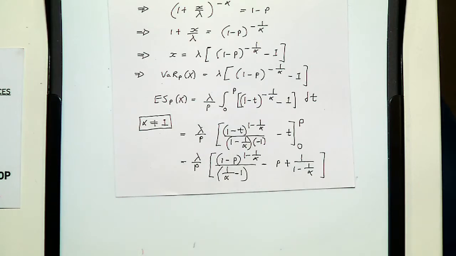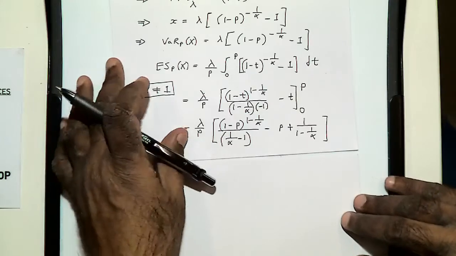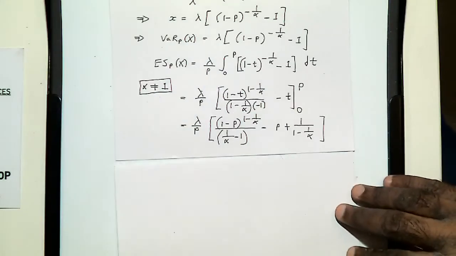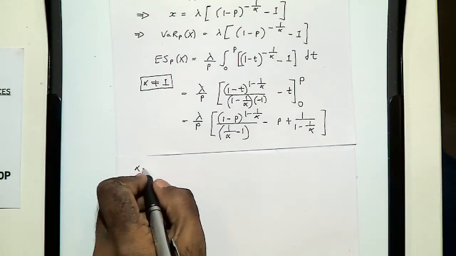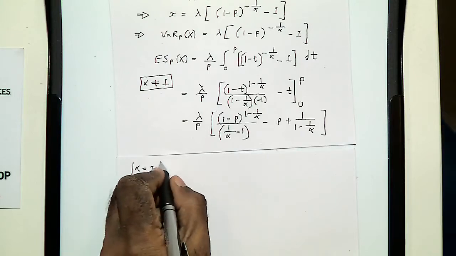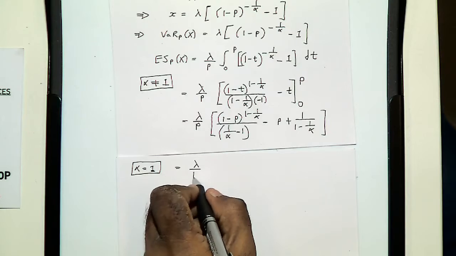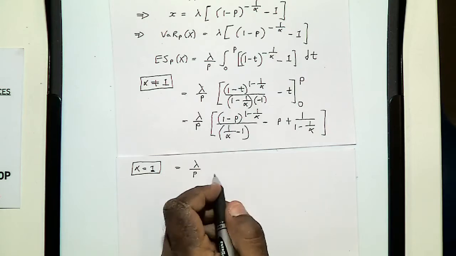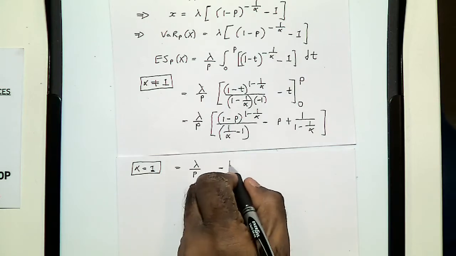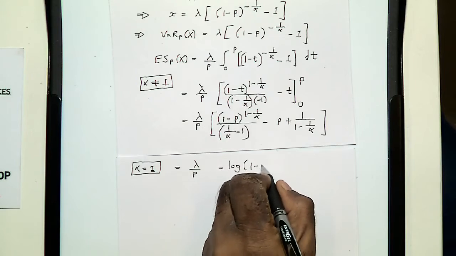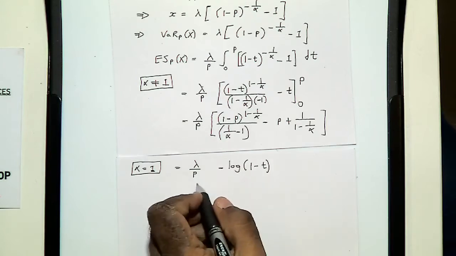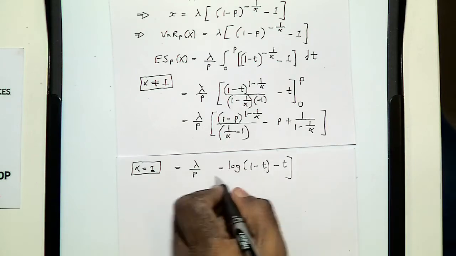Now if alpha is equal to 1, then you have lambda over p times the integral from 0 to p of that, which is minus log of 1 minus t, minus t, with limits from 0 to p.